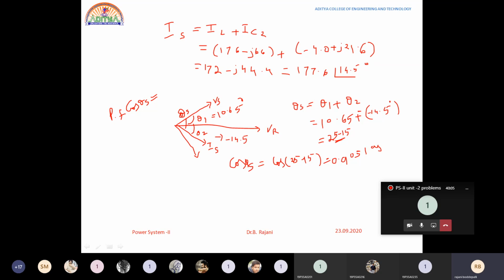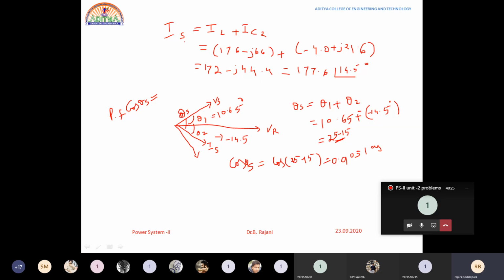this angle itself. You can straight away, without writing the vector diagram and all, if in any competitive exam they give you the sending end current and sending end voltage and ask you to find the power factor, what you have to do is take the cosine of the angle between the voltage and current.